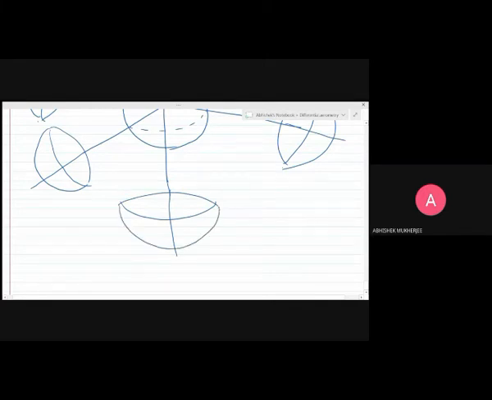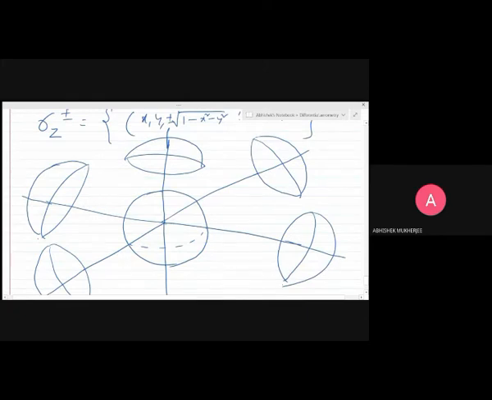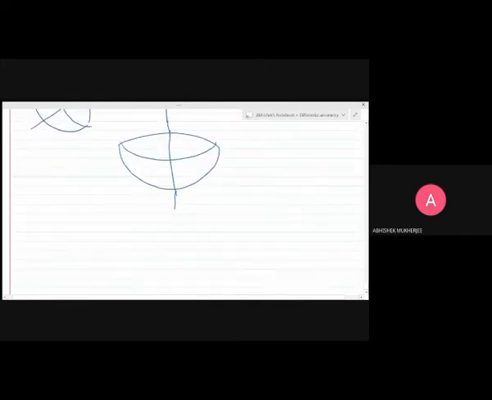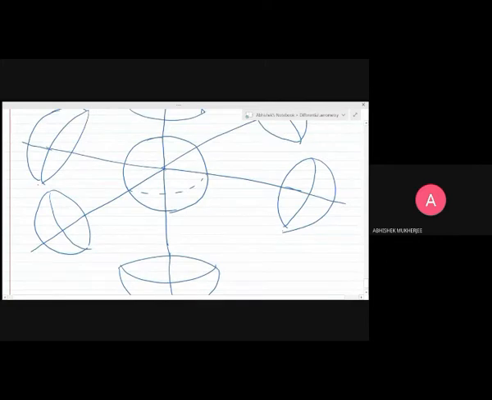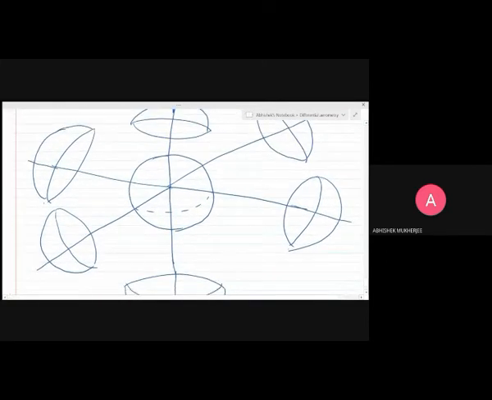So these are all 6 surface patches. Okay, and these 6 surface patches, if you take them together, then it will constitute the surface S2.